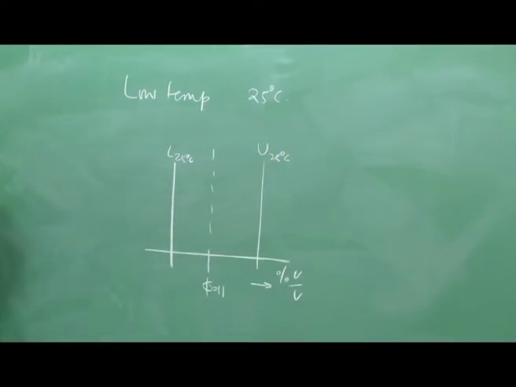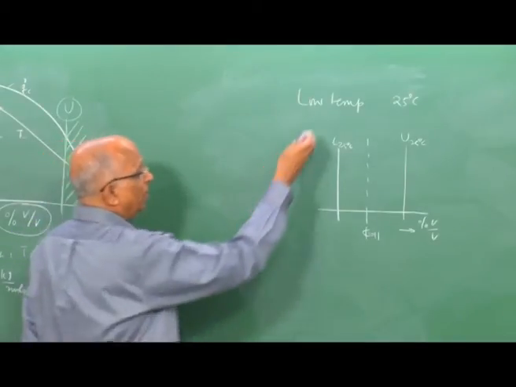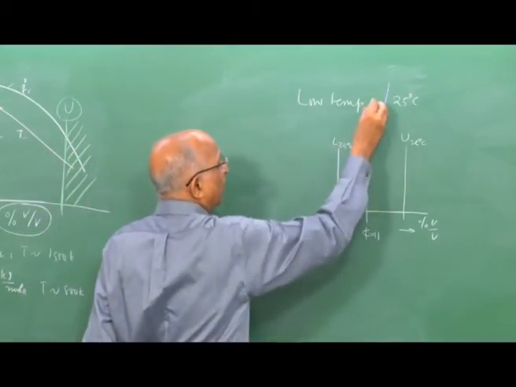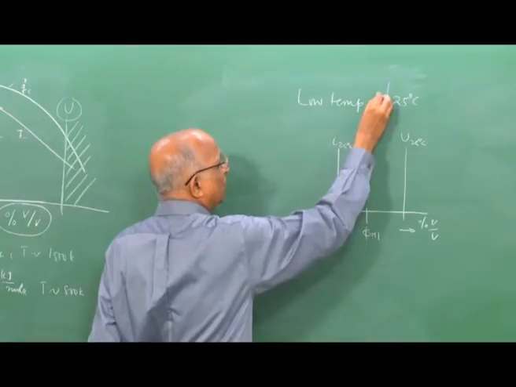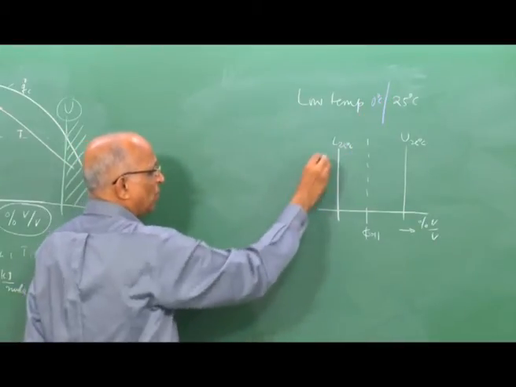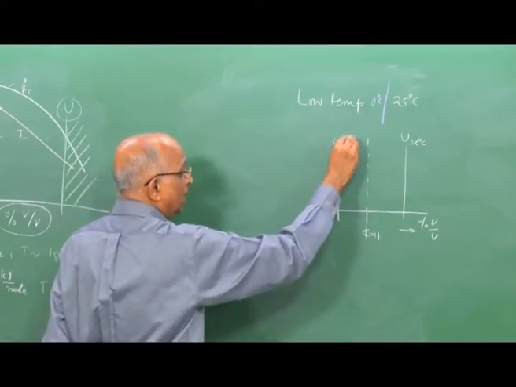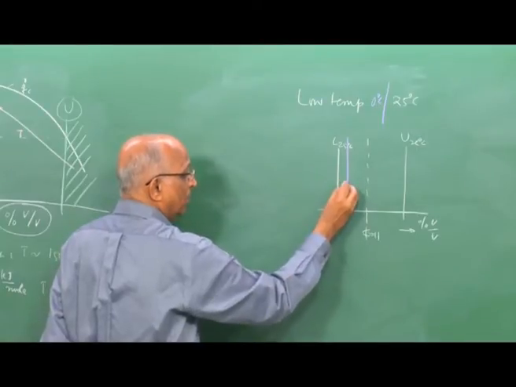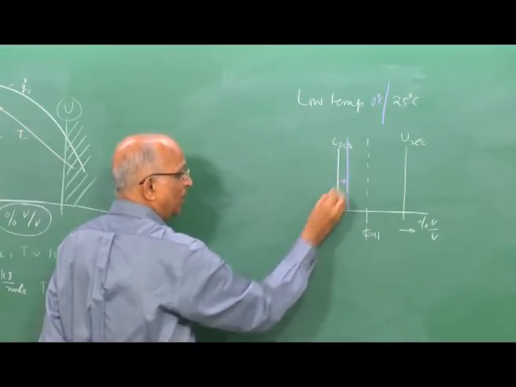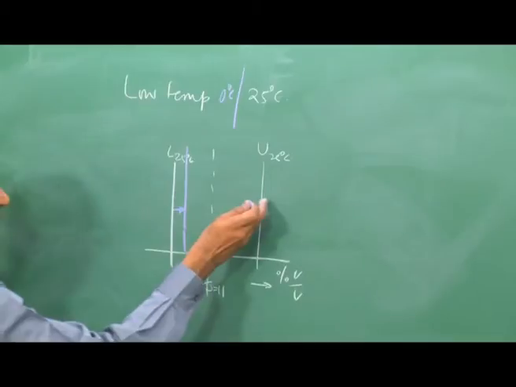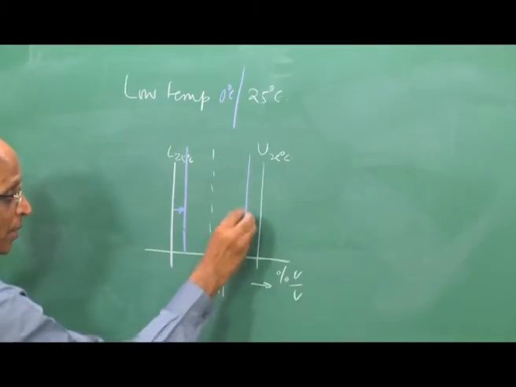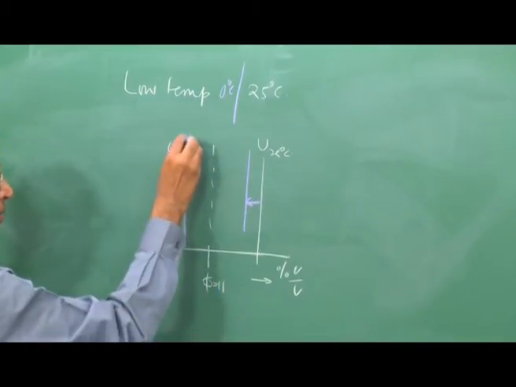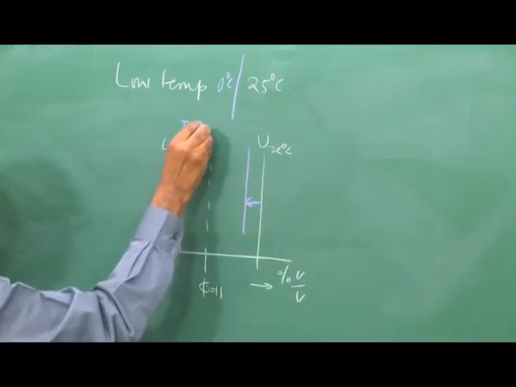Well, if I were to plot at a low temperature of, let us say, minus 5 or 0 degrees centigrade, some heat has to go, and therefore the lean limit will move up. That means it will move in this particular direction. The upper limit will come down and move over here at temperatures less than 25 degrees centigrade.